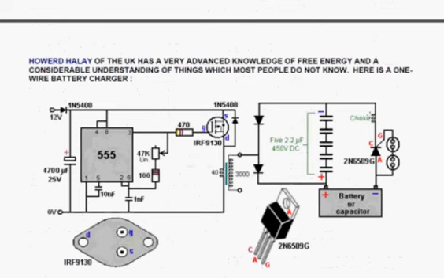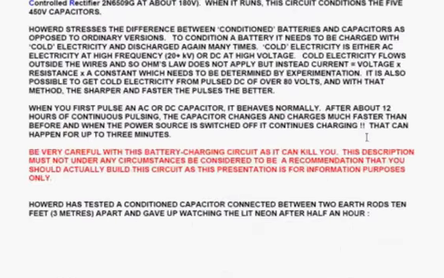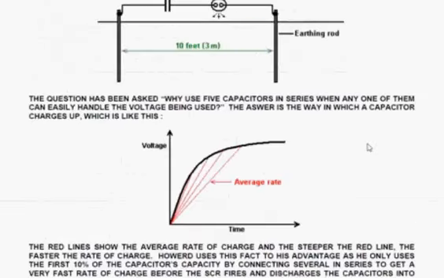A choke normally blocks DC pulses and it lets DC itself in, but it amplifies cold electricity. So the cold electricity is getting a boost in this particular circuit, and then it's fired into the battery as such. Now that's something that didn't really sink into me until recently.